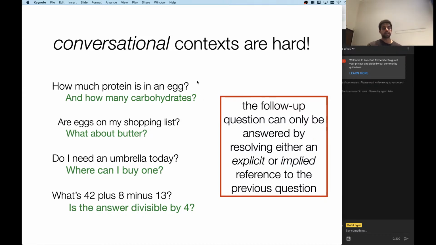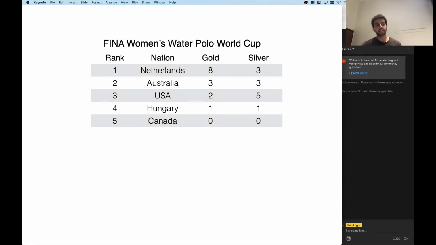The model should answer this, and then you might have a follow-up question like, how many carbs? And this question refers to the egg, but the egg is kind of implicit in the second question. So there's both the semantic parsing challenge as well as resolving references to previous questions and answers, which adds a further challenge.